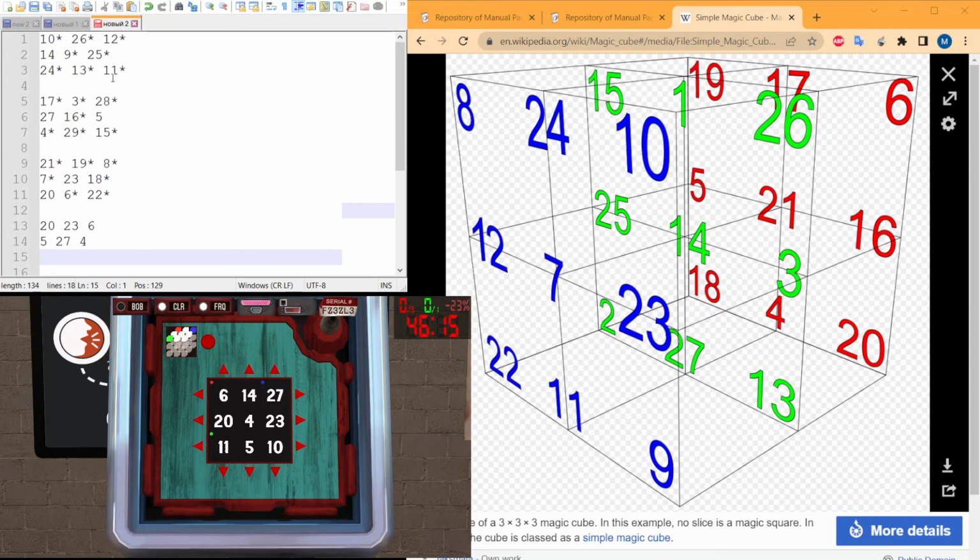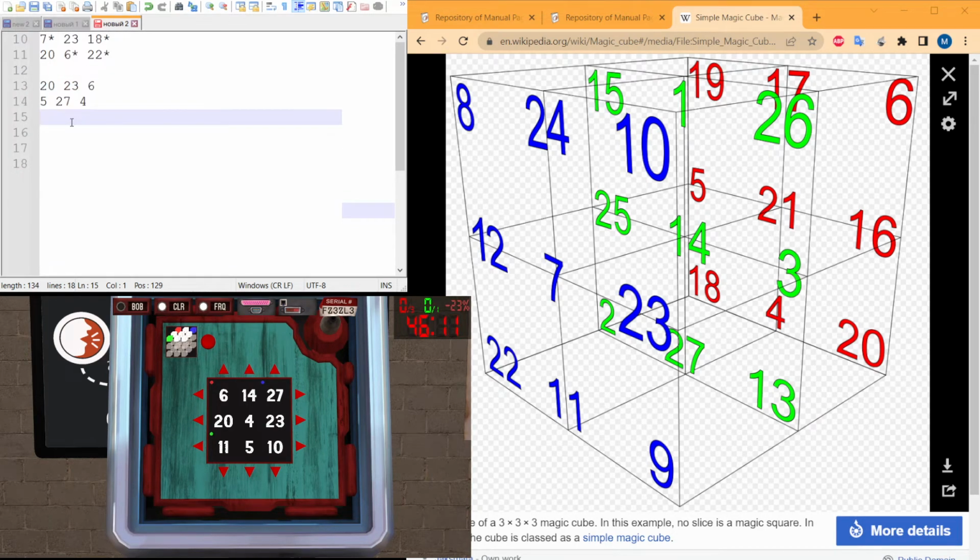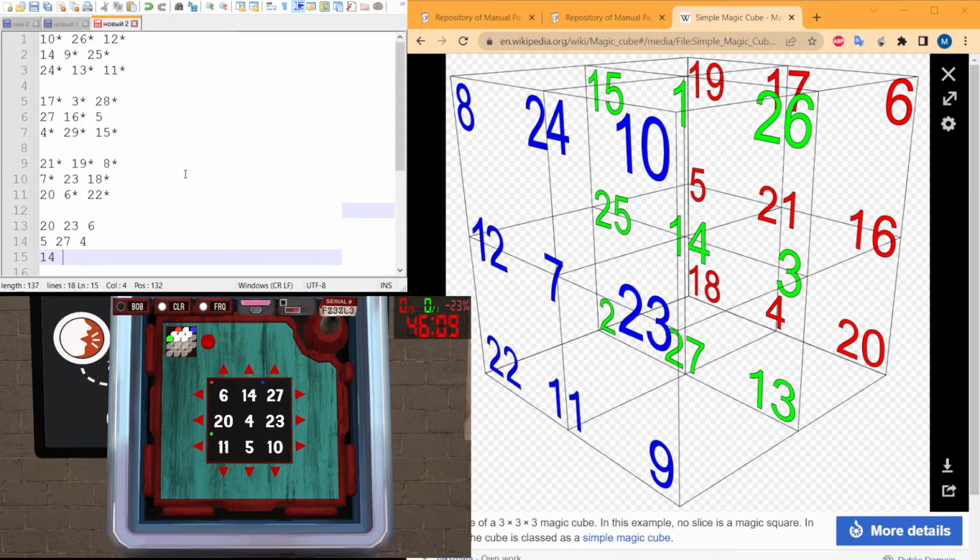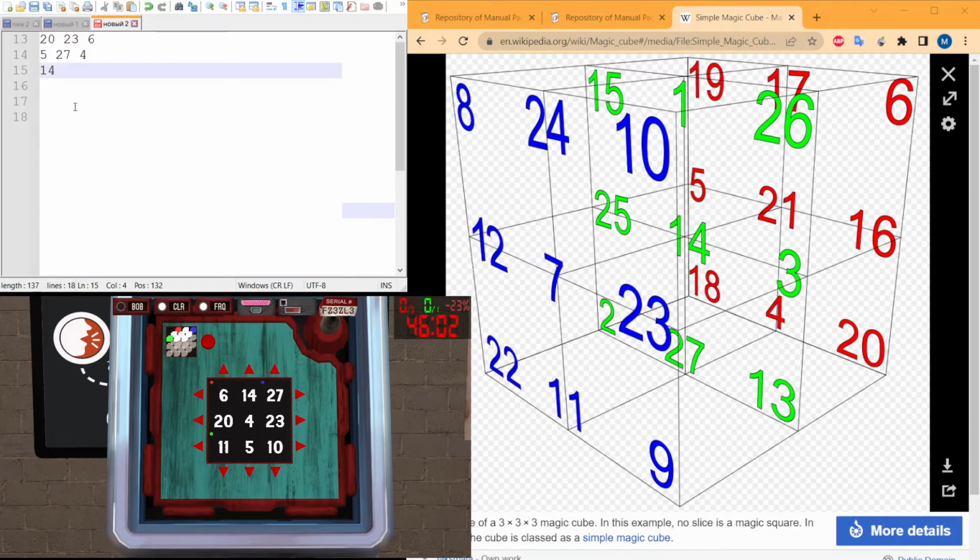And the bottom row should have 14 and two numbers that are already there, which are 11 and 10.